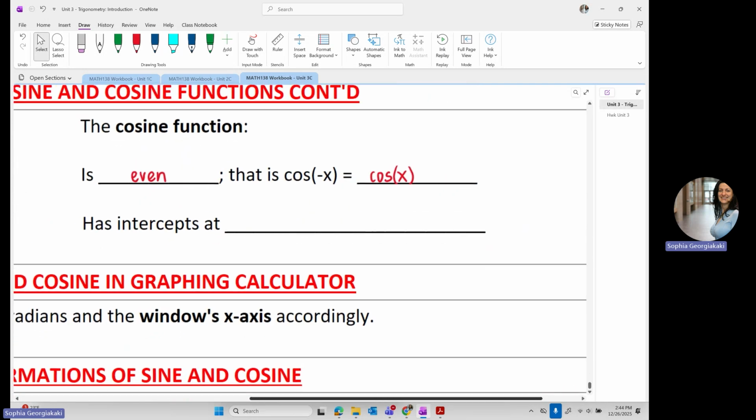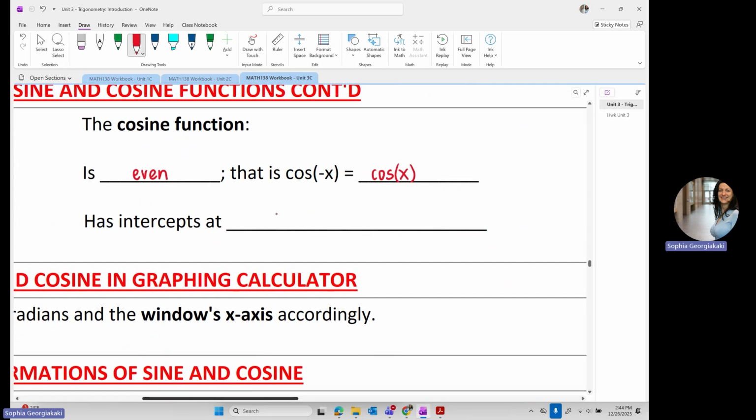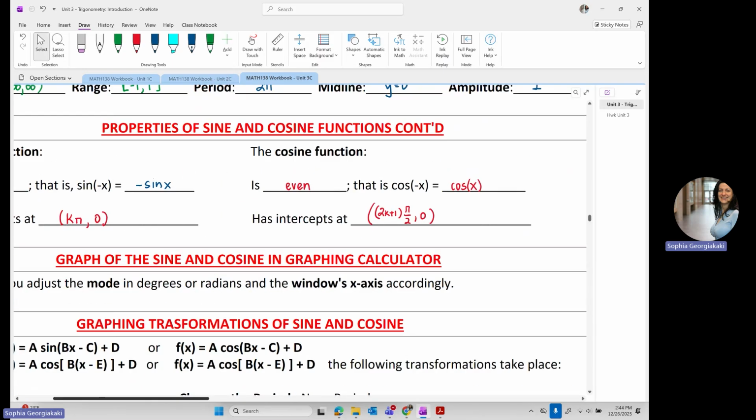The way we write odd in algebra is 2k plus 1. So 2k plus 1 is an odd number for any integer k, times pi over 2, comma 0. And if k is negative, then I will get negative odd multiples of pi over 2.